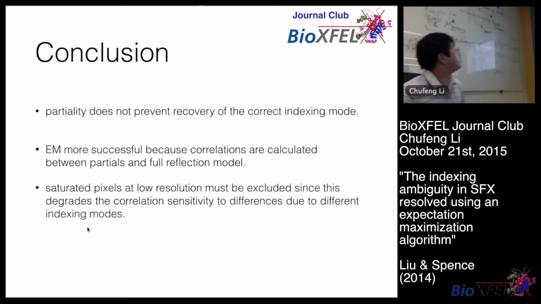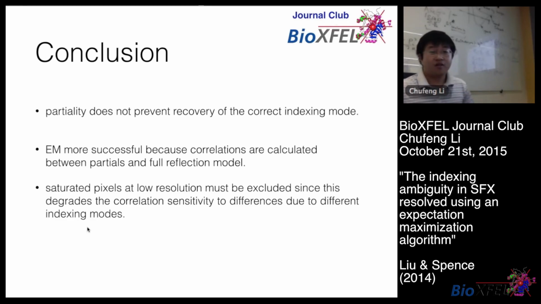So to sum up, although the partiality problem is very serious in SFX, it does not prevent the recovery of the correct indexing mode. And EM is more successful because the correlations are calculated between the pattern and the full reflection model.